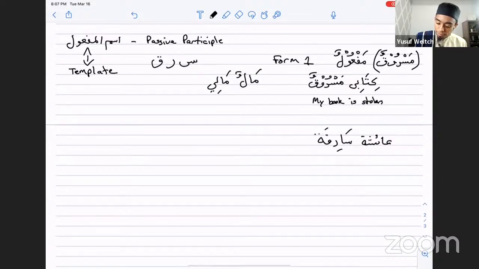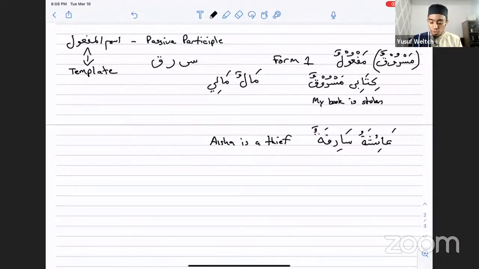How do I translate that? Anyone? Aisha is a thief. Good. Aisha is a thief. So she's the doer.